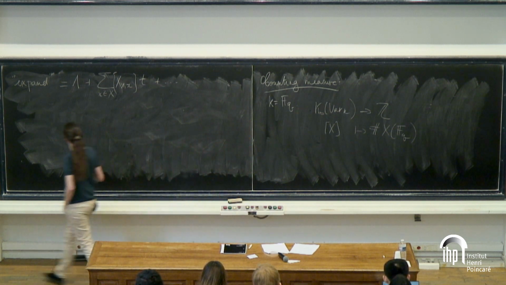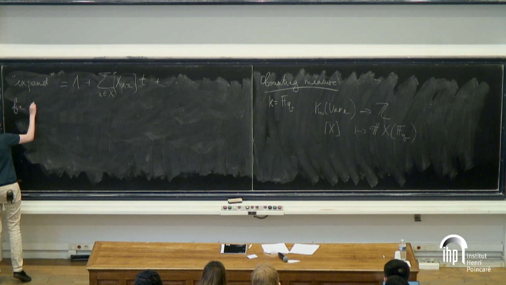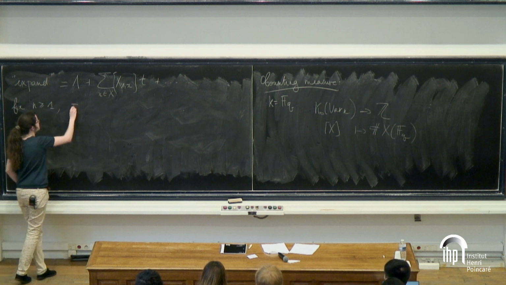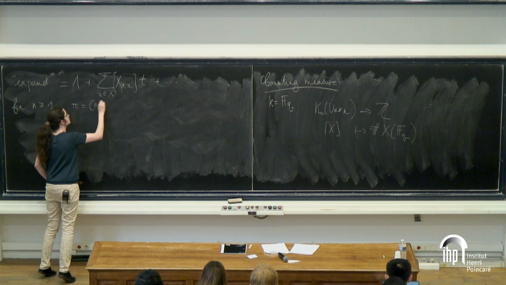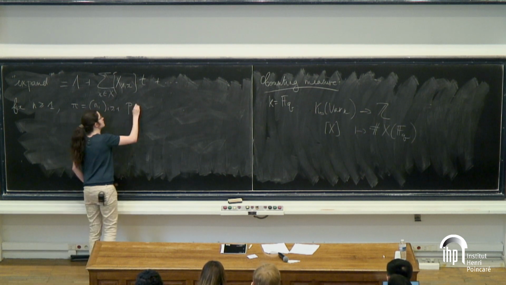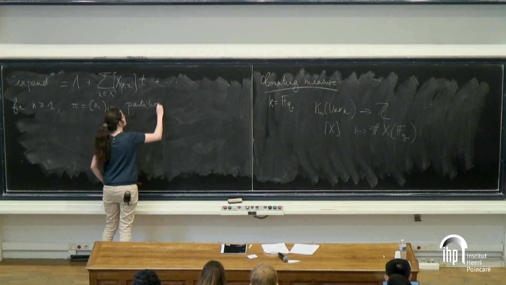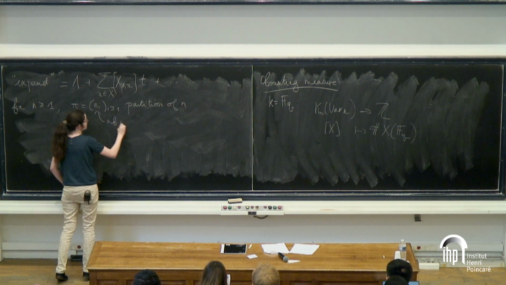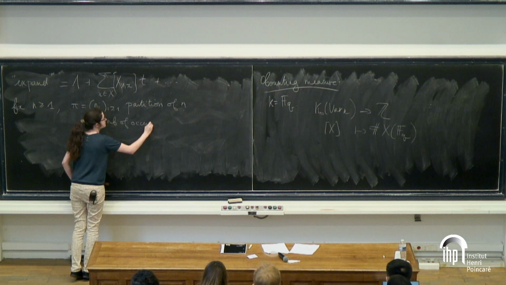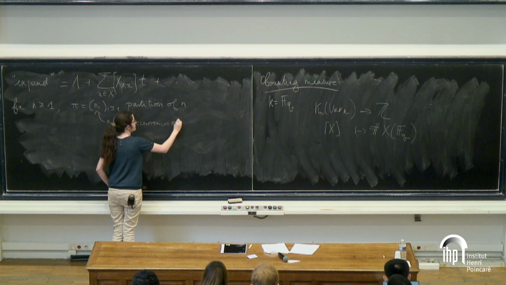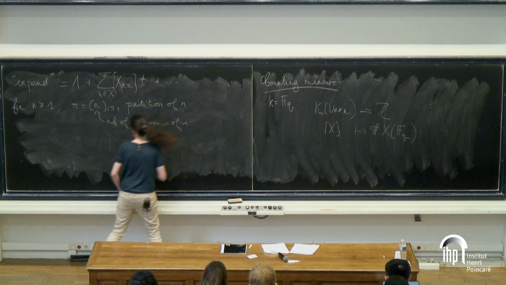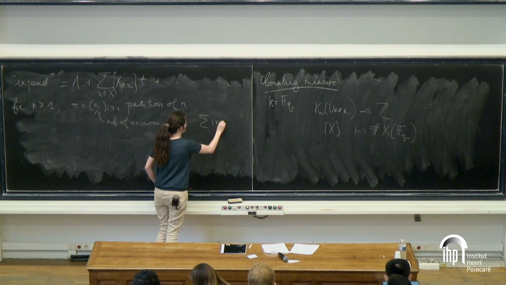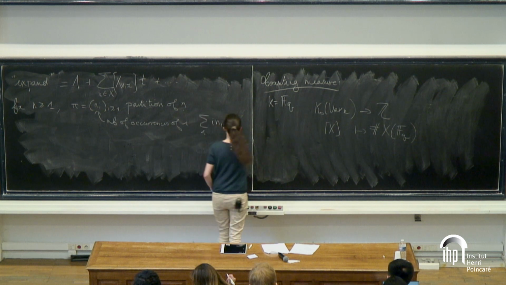So we fix an integer n, at least one, and we fix a partition of n. Here, n_i is the number of occurrences of the integer i in the partition. Okay, so this means that the sum of i times n_i over i should be n.